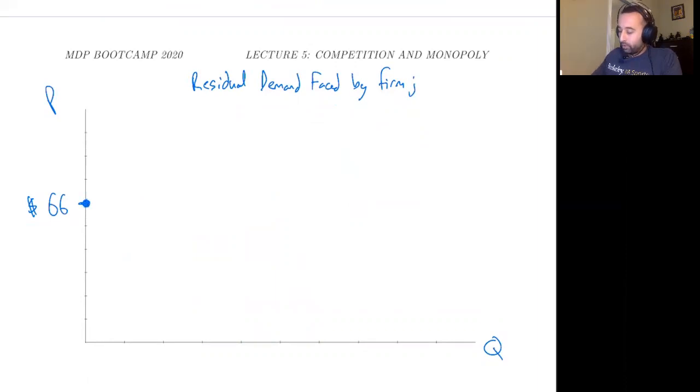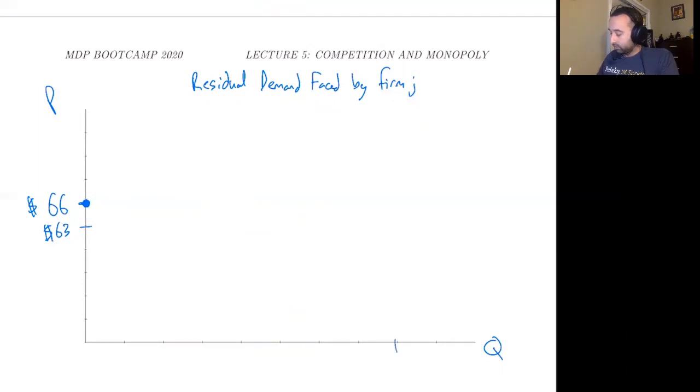But we showed in the previous graph also that at a price of 63, which is slightly lower than 66, now there is some leftover demand that needs to be supplied by firm J. The market isn't clearing, we're in disequilibrium with all the other firms, and so firm J can now step in to produce something.